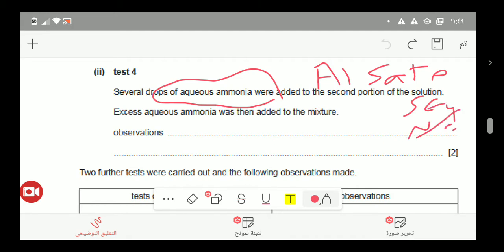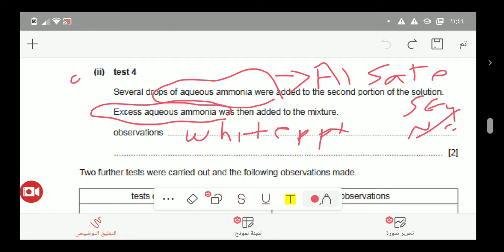Adding aqueous ammonia to this salt, the presence of aluminum will give a white precipitate again. He firstly adds some drops of ammonia, white precipitate.